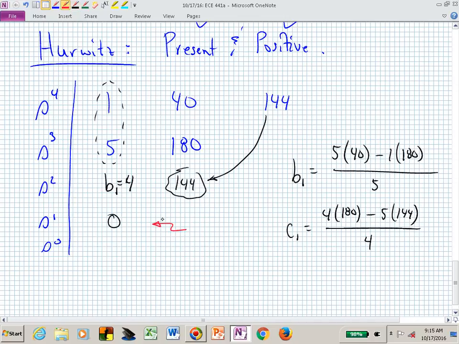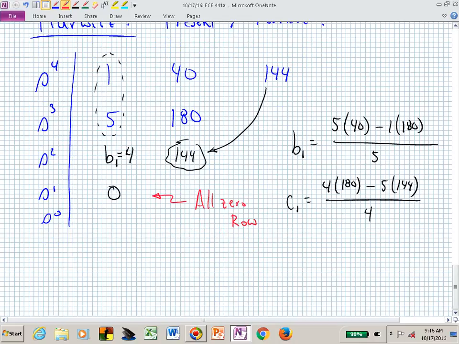And we can't continue with a 0 sitting there. This is now in our formulation. We now have to create or work with how to replace that all-0 row with another technique, and the technique involves the auxiliary equation. The auxiliary equation is formed from the row just above the all-0 row.